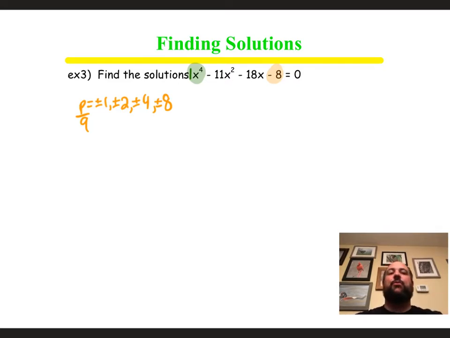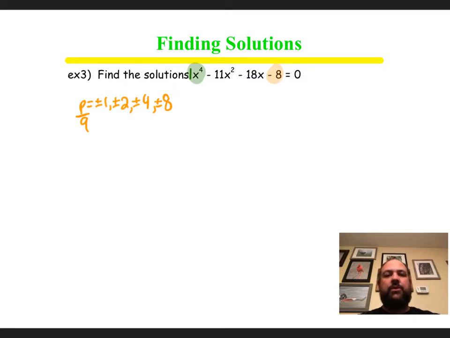I'd still have an x squared. This does not. The other thing is, I can tell 1 and negative 11, negative 18, negative 8, they don't share common factors. So I'm going to have to go through the process that I outlined before, which is now I'm going to test these numbers here using synthetic division.